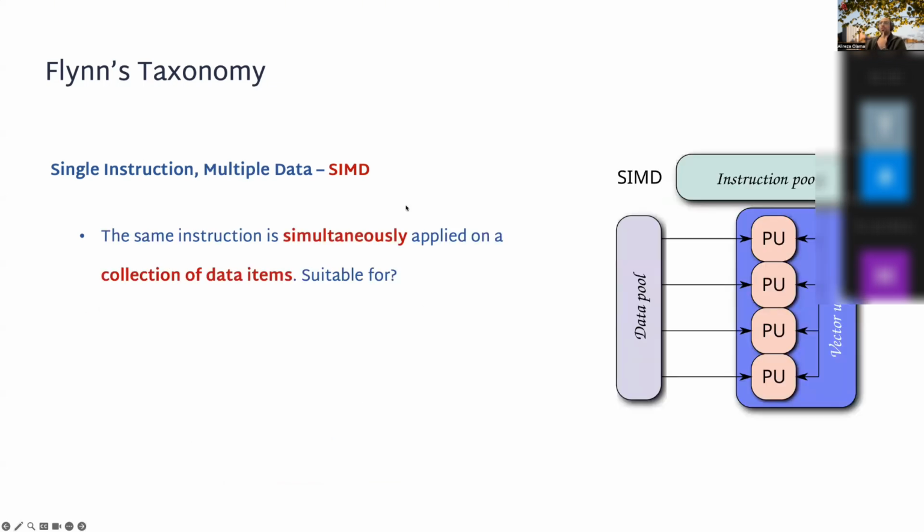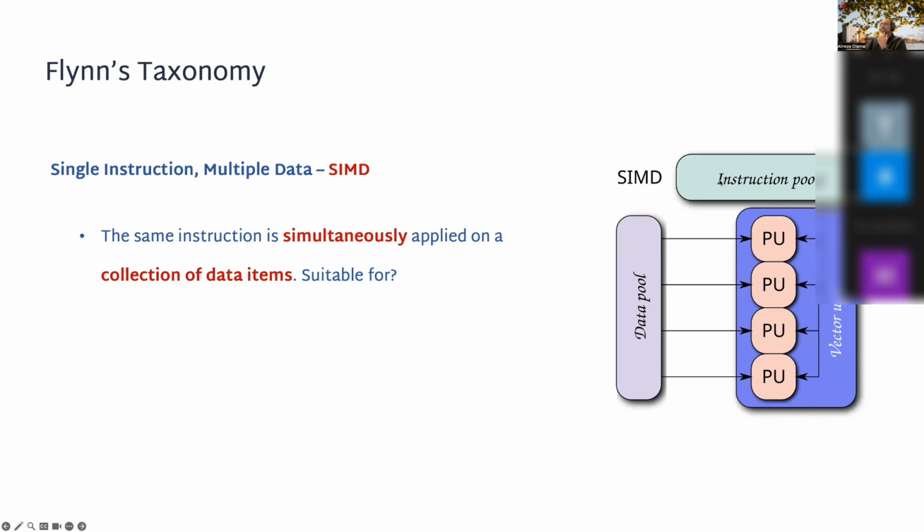All right. So the next one is single instruction multiple data, or SIMD, which is one of the most widely used machines today. In this case, you will still have a data pool and an instruction pool, but you have multiple processing units. Each processing unit will fetch a data item from the data pool simultaneously with other processing units.